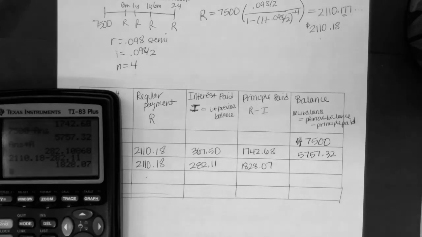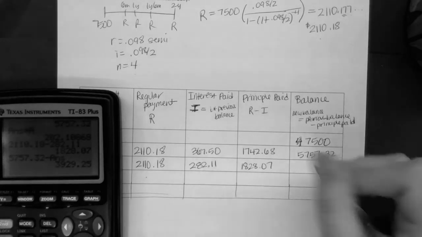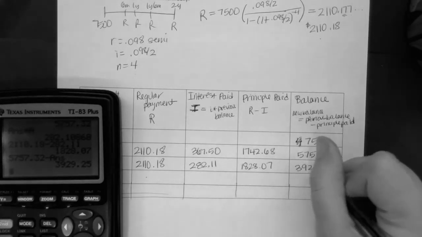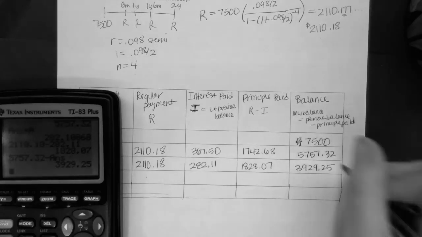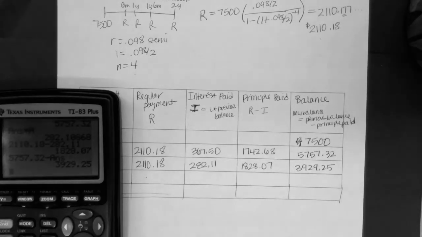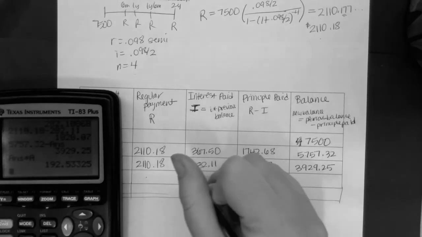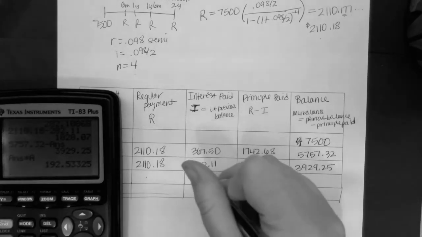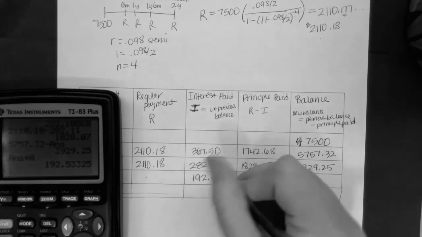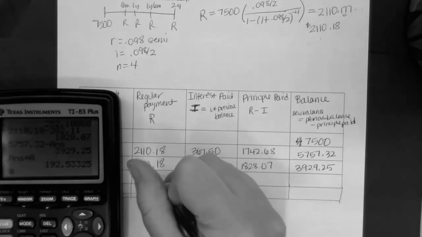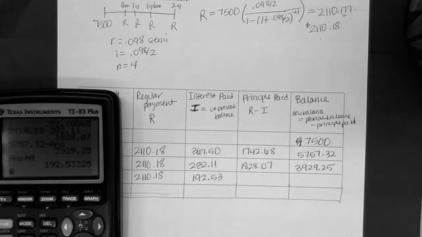Okay, and then I'm going to take that answer and I'm going to subtract it from 5,757.32. So 3,929.25. Okay, so we're going to take that 3,929.25 and multiply it by A. So we get $192.53. Our payment is still the same R, so $2,110.18.